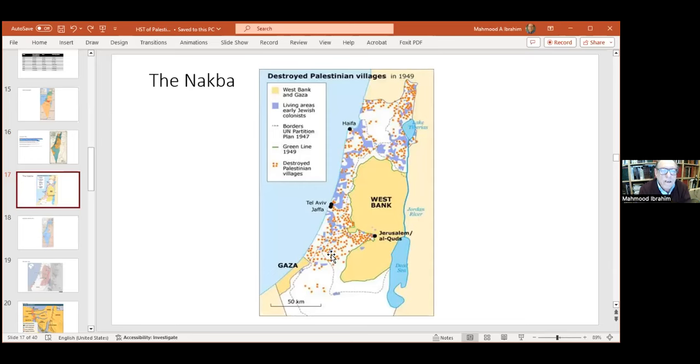So the destroyed villages, you can see how they are by 1948, how the population is divided up, and where the partition plan, as you can see, that they were basically the Jews, which is in the purple area, are still the minority.